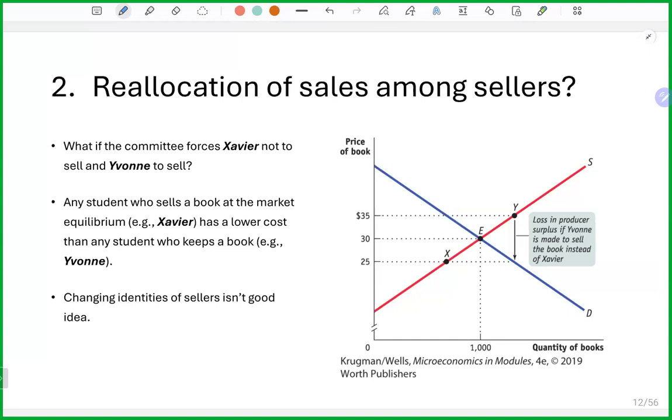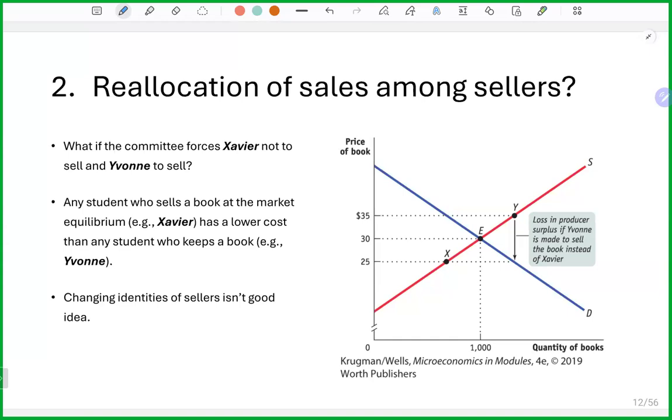So when we change the right to sell the book from Xavier to Ivan, we incur an increase in the sellers' cost of $10. So it's not a good idea to reallocate sales among sellers. The market ensures that those whose cost is low really sell the book, and those whose cost is high don't sell the book.